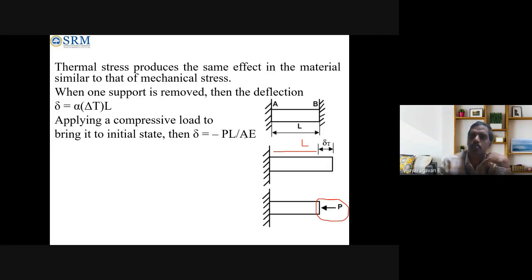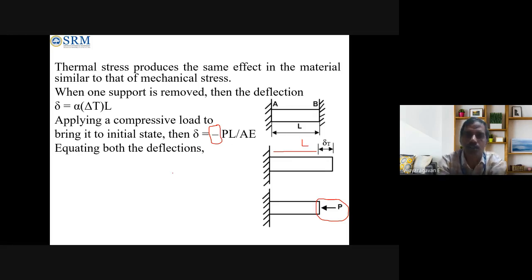PL by AE gives the deflection due to a compressive or a tensile load. Here it is a compressive load, so I am introducing this negative sign, which indicates that it is compressed. For equilibrium, the thermal expansion must be equal to this mechanical expansion. So let us equate both the terms, and we can identify the thermal stress.